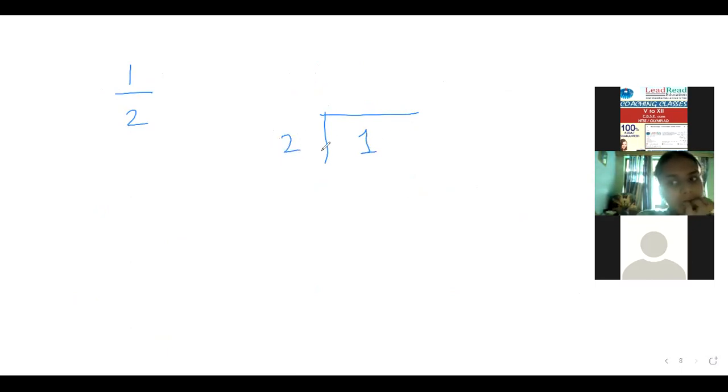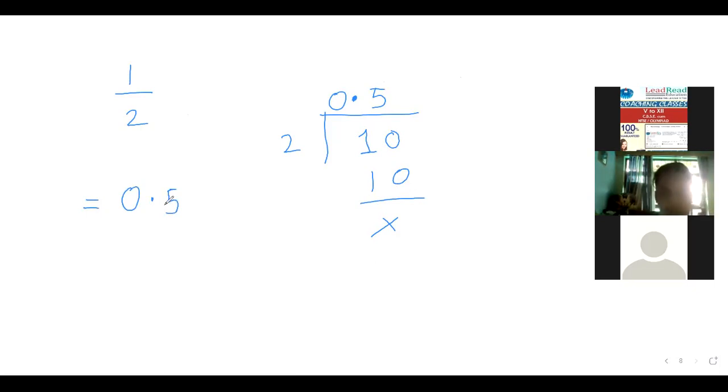See, 2 is greater than 1, so I will put a decimal. Because of this decimal, I can put 10. Now 2 fives is 10. So 10 minus 10 makes the remainder 0. So the value of 1 by 2 is 0.5.